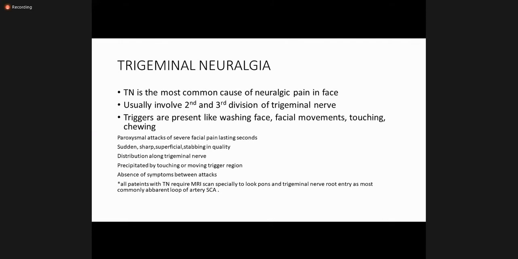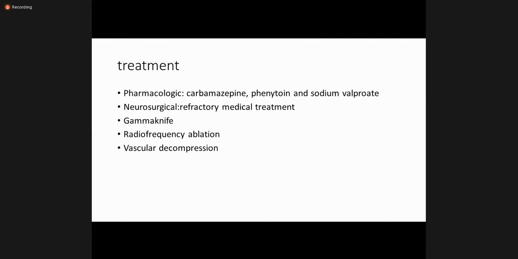So how will you manage trigeminal neuralgia? You need to go for some pharmacological treatment and some non-pharmacological or surgical options. Usually these patients respond to carbamazepine, phenytoin, and sodium valproate.